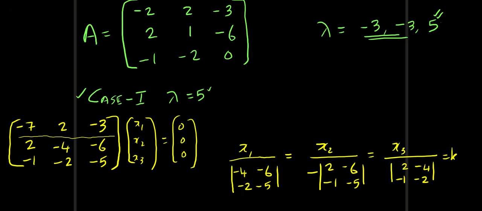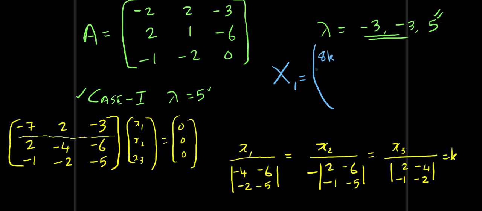So this will be 20 minus 12, isn't it? So I'm going to write directly. And what is 20 minus 12? That is 8k. And next, this is -10 and -6.